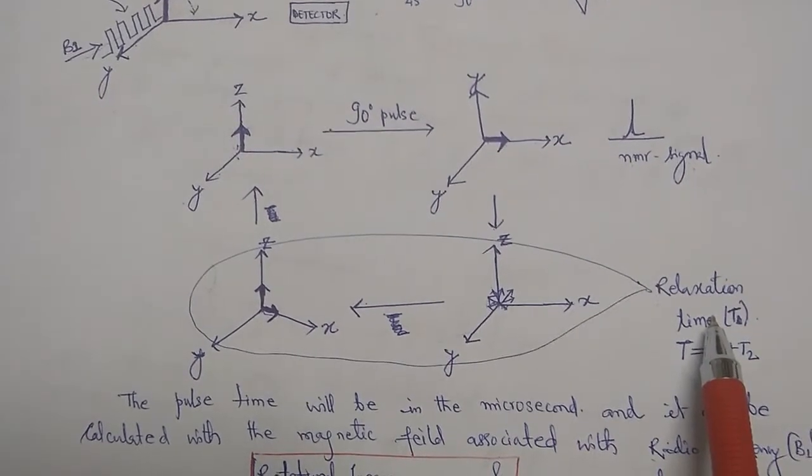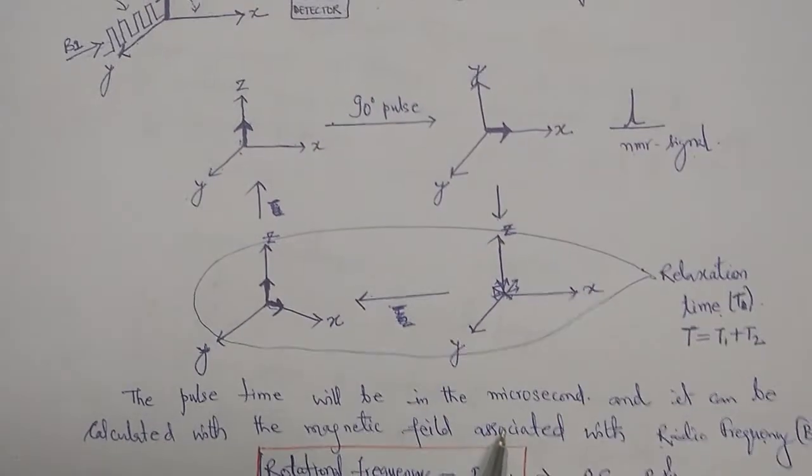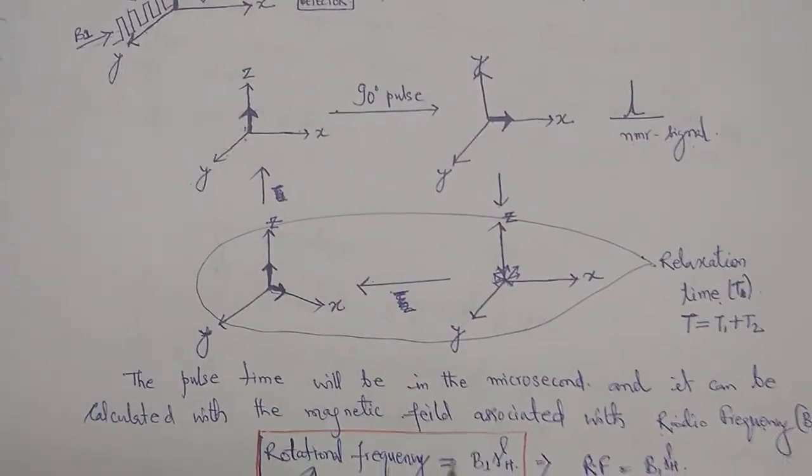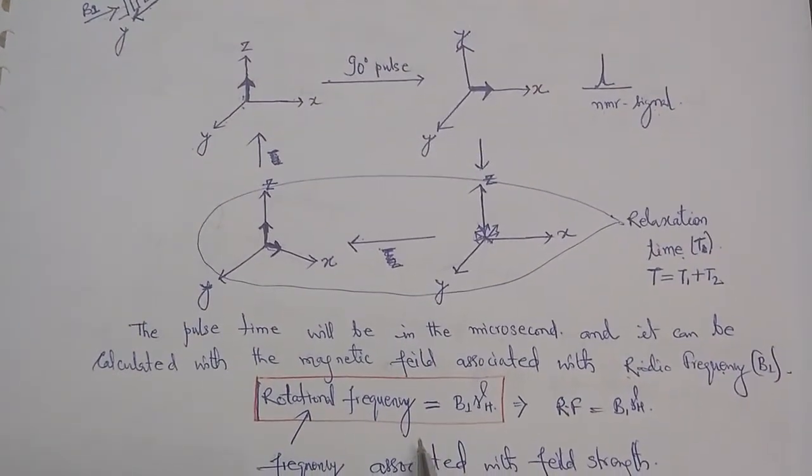In this, the pulse time will be in the millisecond, and it can be calculated with the magnetic field associated with the radio frequency B1.